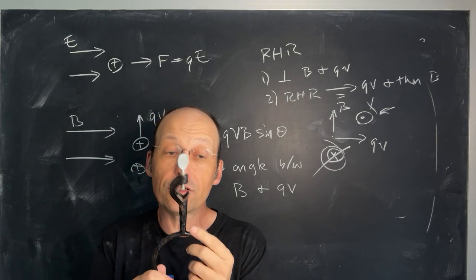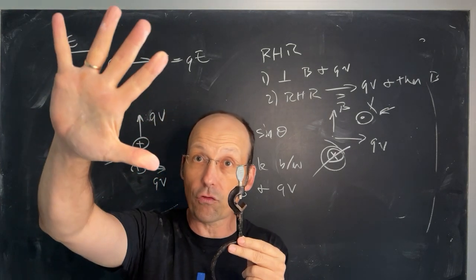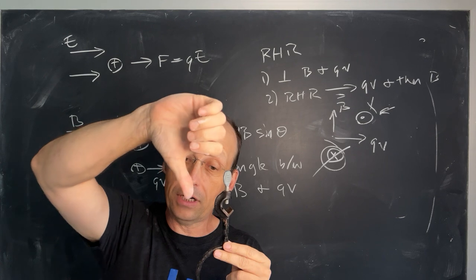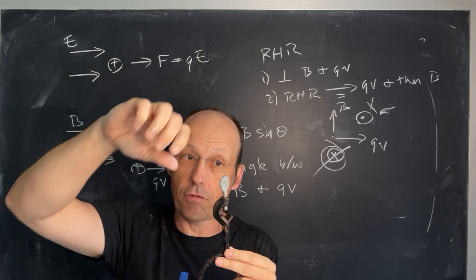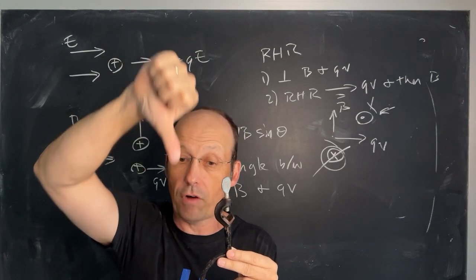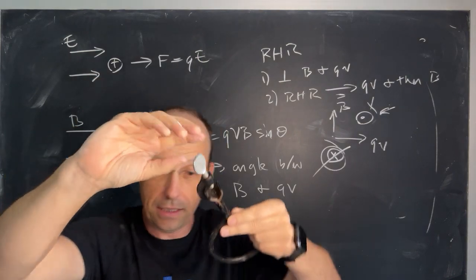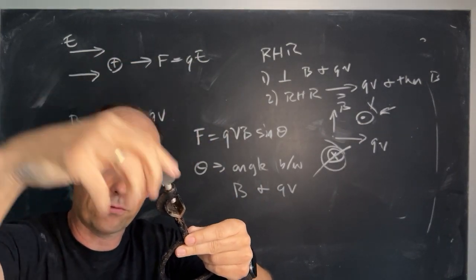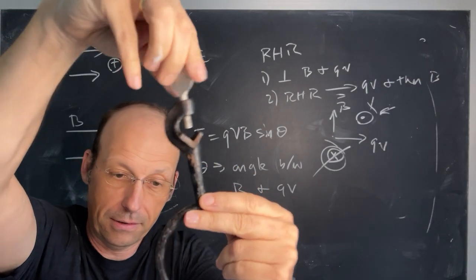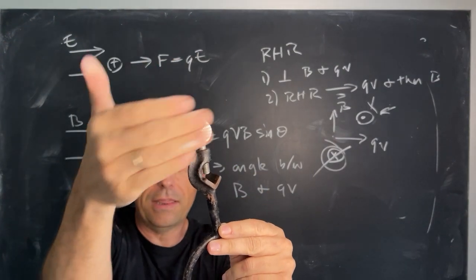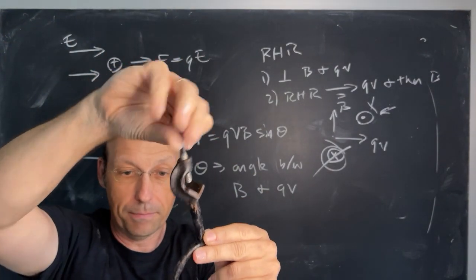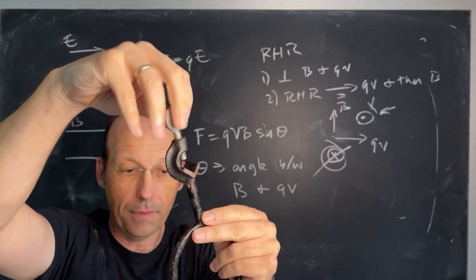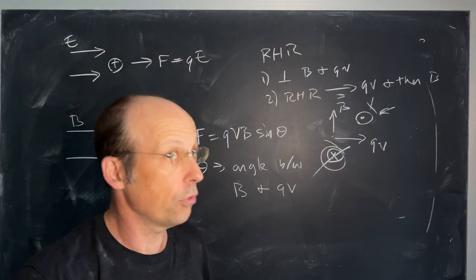So a right-handed screw is if you take your right hand and turn in the direction of the fingers of your right hand, the screw will go in the direction of your thumb. So if I take this and I turn it this way, then the screw goes down, right? And if I turn it this way, it goes that way. So it's coming out. This is super useful.